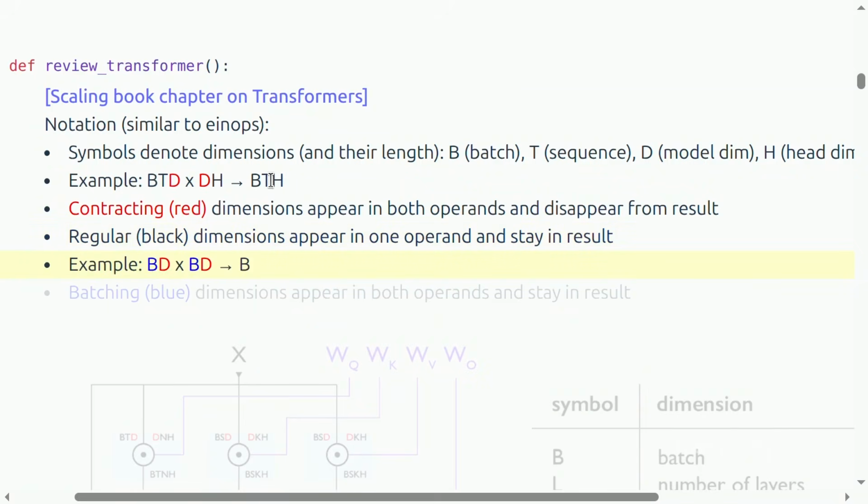Another case is blue dimensions, which are batching dimensions: they appear in both, but stay in the result. They do not get contracted or reduced. So the interpretation here, as we'll see later, is that for every sequence and token position you have a vector, and you want to multiply that by a matrix. And here, you're basically taking a bunch of dot products between two tensors.